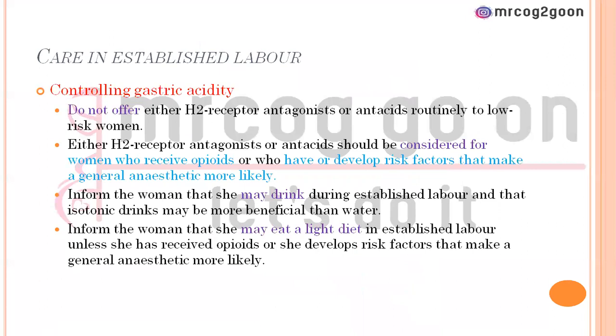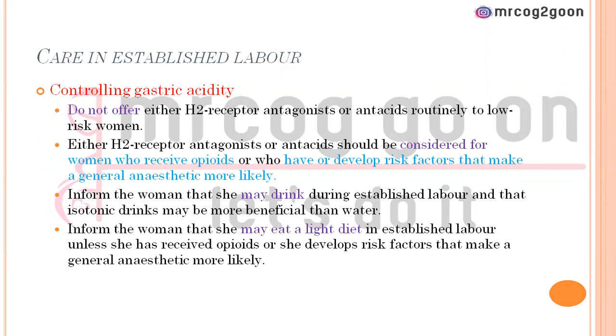Care in established labor. As we said, established labor means the cervix is 4 centimeters or more. First, for controlling gastric acidity, H2 antagonists and antacids are not routinely used. We can offer them if the patient is taking opioids, or she has or develops any risk factor that puts her at risk of general anesthesia.